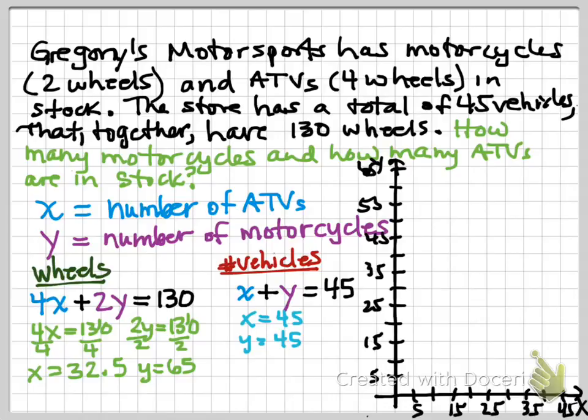So on the first one, I'm going to find 32.5, which would be between 30 and 35, so right there in the center. And the y was 65. Now, of course, you're going to draw a lot straighter than I just did.